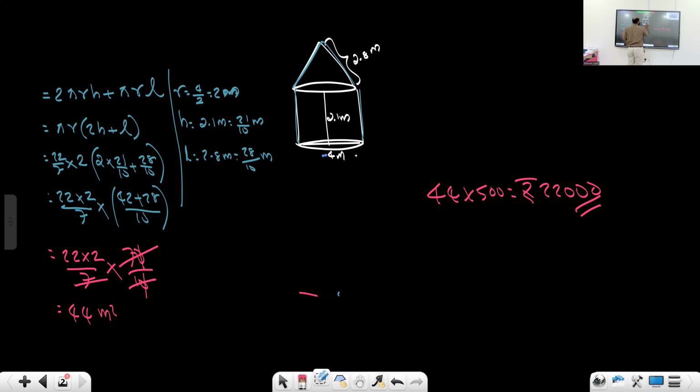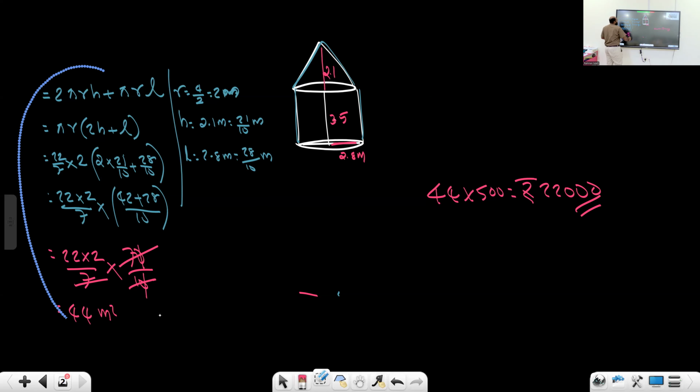Draw the diagram. Base radius is given, 2.8 meter. Height 3.5 meter. The conical part height is given, not this one. Height is given, 2.1 meter. So l we have to find.